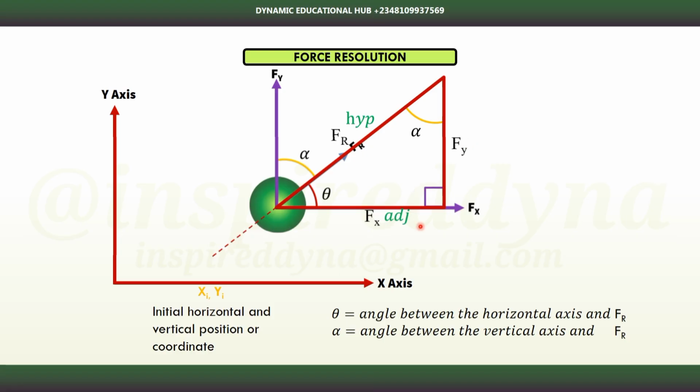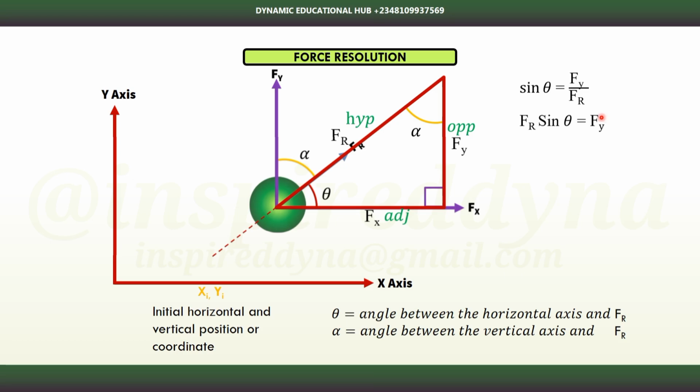That is why we have adjacent here and opposite here. So using trigonometry, we see that sine theta is equal to what? Opposite over hypotenuse. What is opposite here? Fy. And what is hypotenuse? Fr.